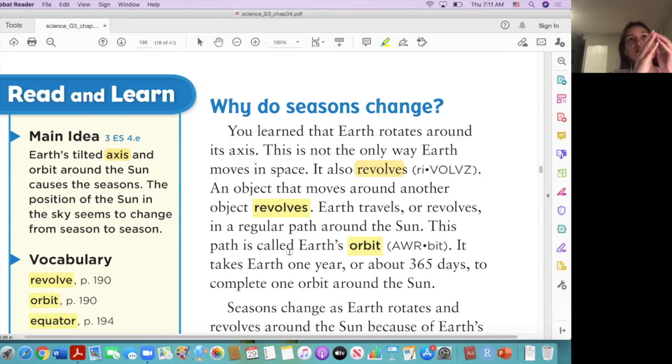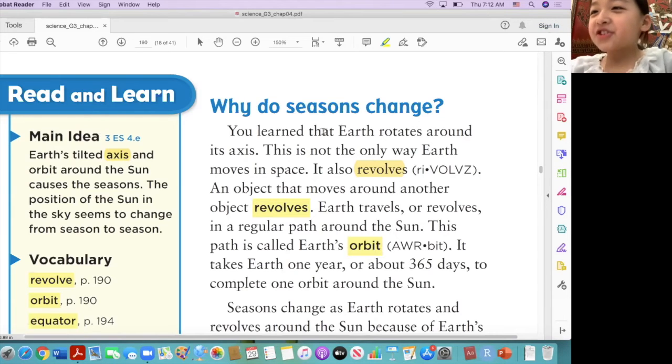So imagine the sun being right here and the Earth being right here. The Earth is going to orbit around the sun. So the Earth is going to be turning like this on the axis, but at the same time, it's also going to be moving around the sun. So it's doing two different movements. Okay, so go ahead.